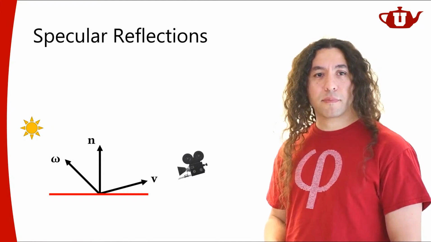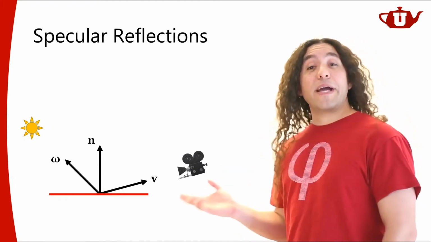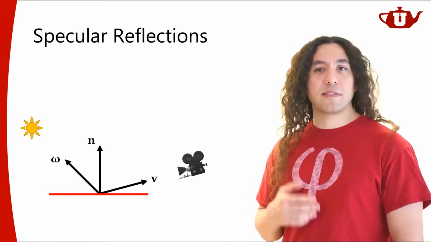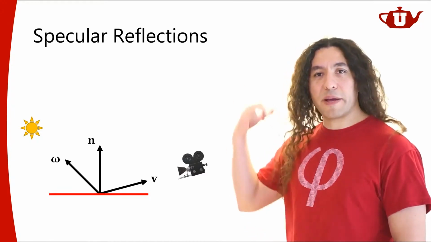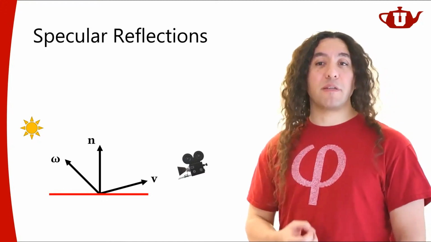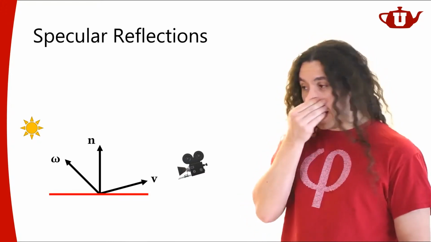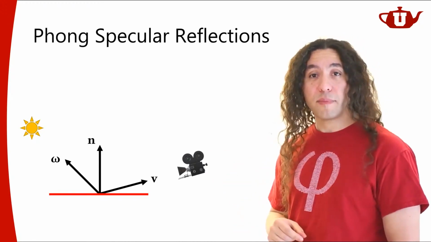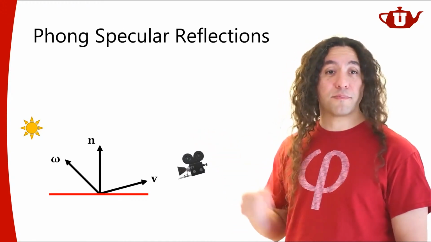All right? Now, there are various ways of computing these specular reflections. There are various material models with different types of computing these specular reflections. So we're going to start with one of the simplest materials and one of the first materials used in computer graphics. That's going to be the Phong reflection model, the Phong specular model. Phong specular reflections.